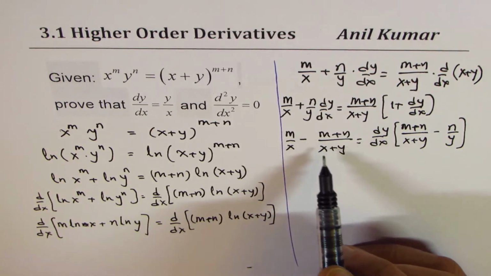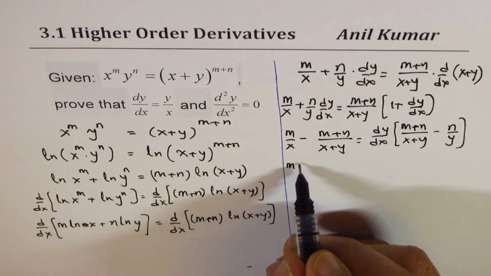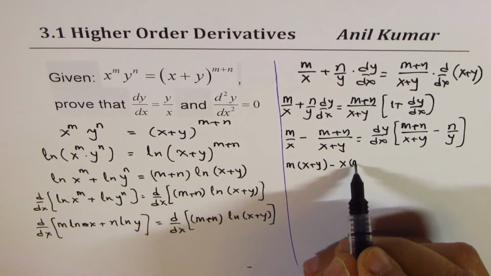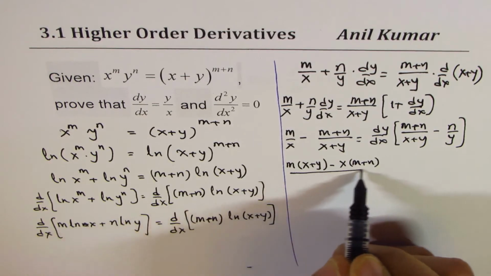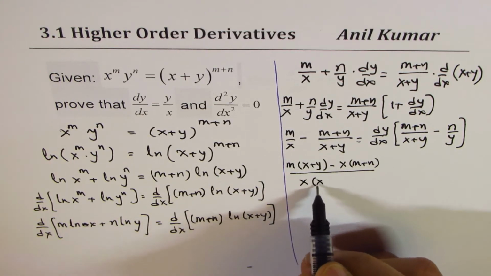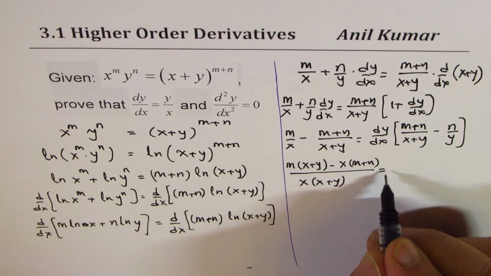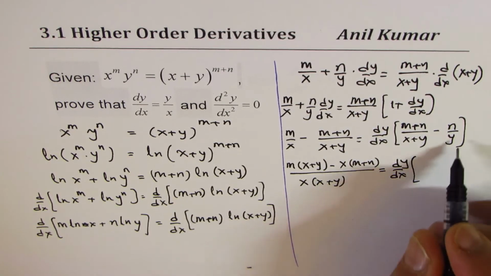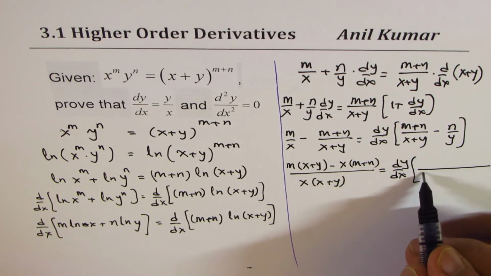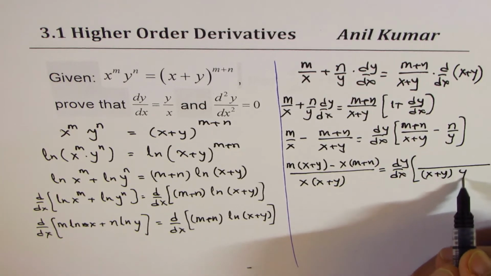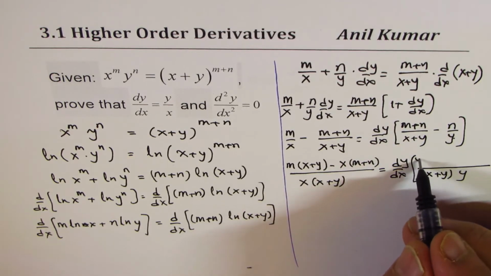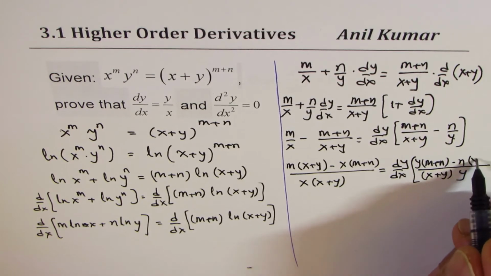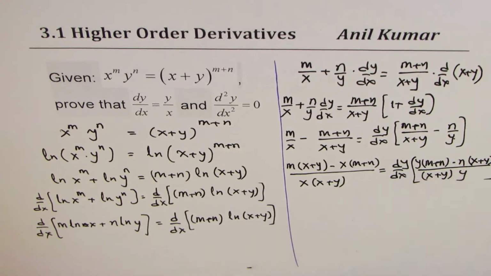So let's take common denominators. On the left side we get m times (x plus y) minus x times (m plus n), over x times (x plus y). Here we have dy/dx times ((m plus n) times y minus n times (x plus y)) over (x plus y) times y, correct?